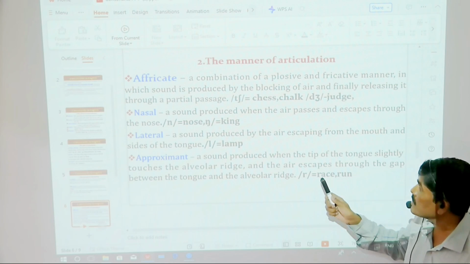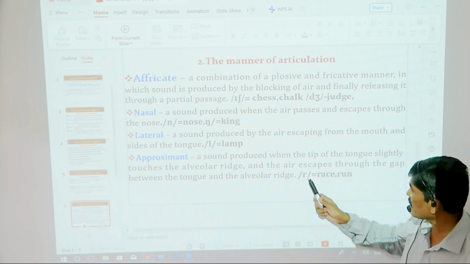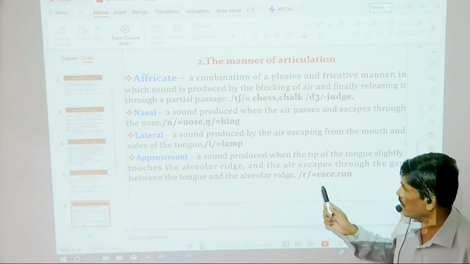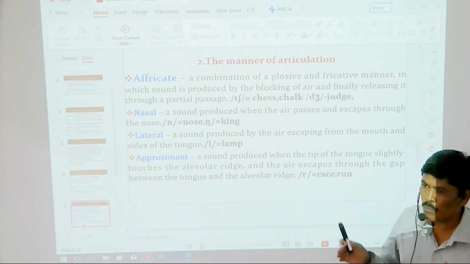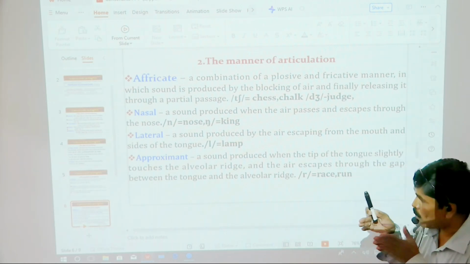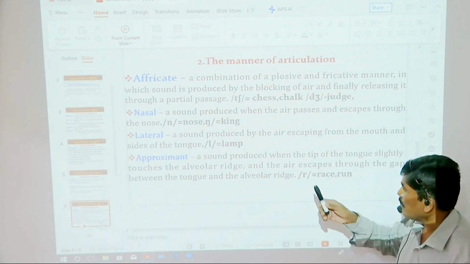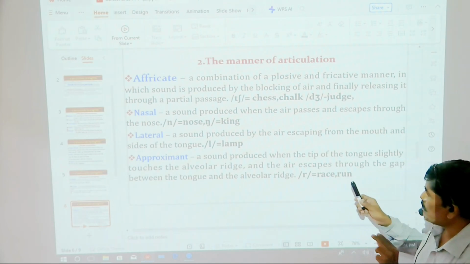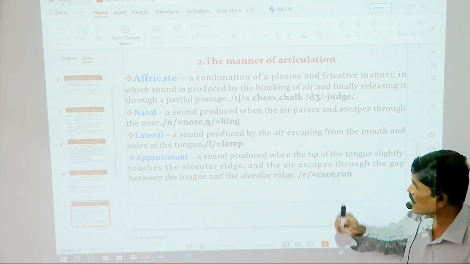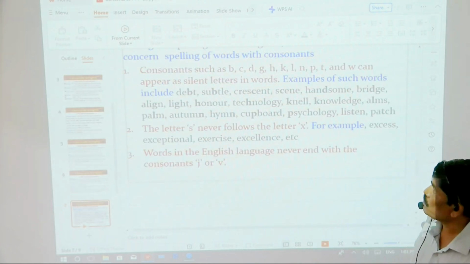That is the approximant, r. Only one approximant sound is there, that is r. See the position of the tongue and the mouth cavity, and how the air is passing, means there is a gap between the tongue and the alveolar ridge. At that time the r sound is produced.